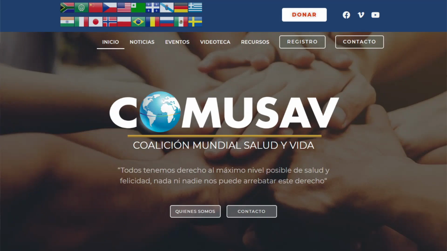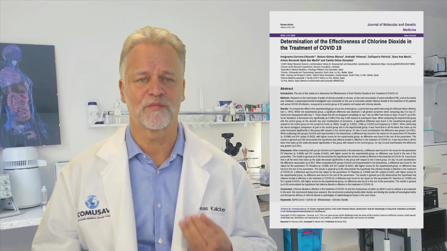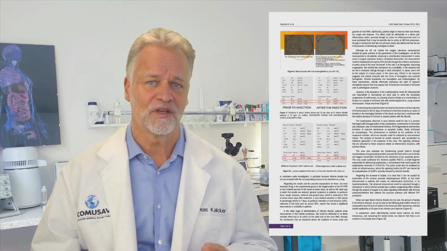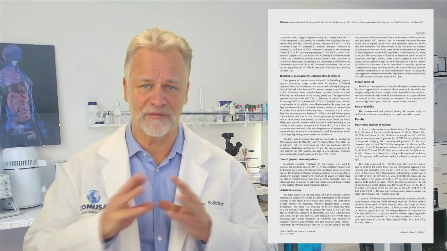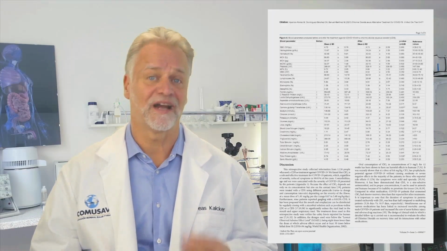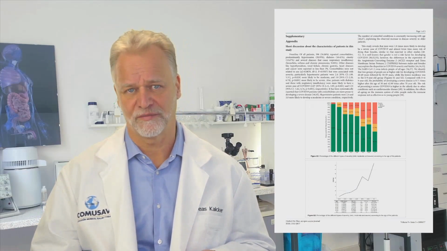According to the doctors of the Communist organization, which is an organization of 27 countries with over 5,000 doctors, chlorine dioxide in the form of CDS has proven to be an effective and useful solution to the damage of genetic inoculation, and it has successfully oxidized the spike protein of the SARS-CoV-2 virus, for which there are now scientific studies present.